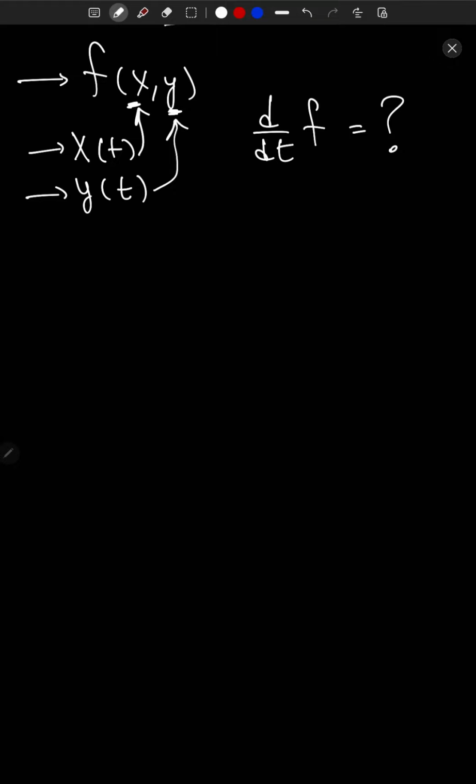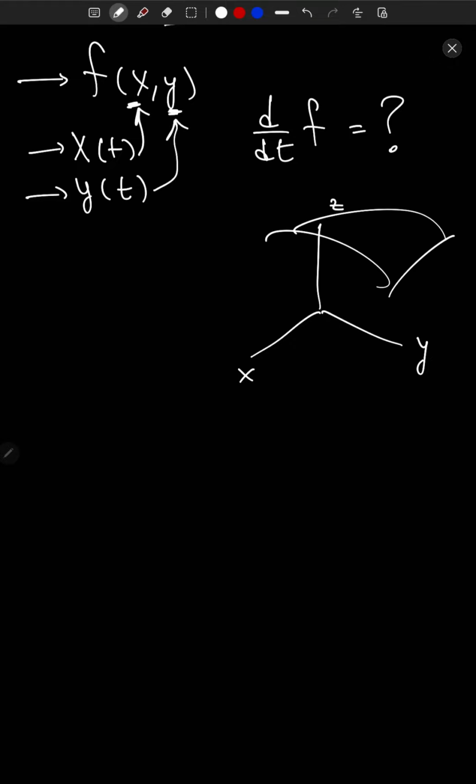That's going to be a chain rule problem because the picture would be something like this. We've got x, y, z, and here's my graph, f of x comma y. But I've also got t here. So this is, let's say, 0. This is t.